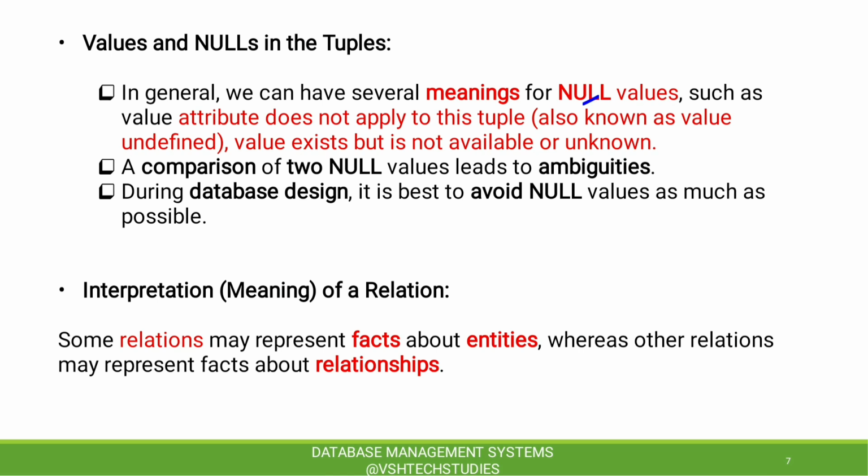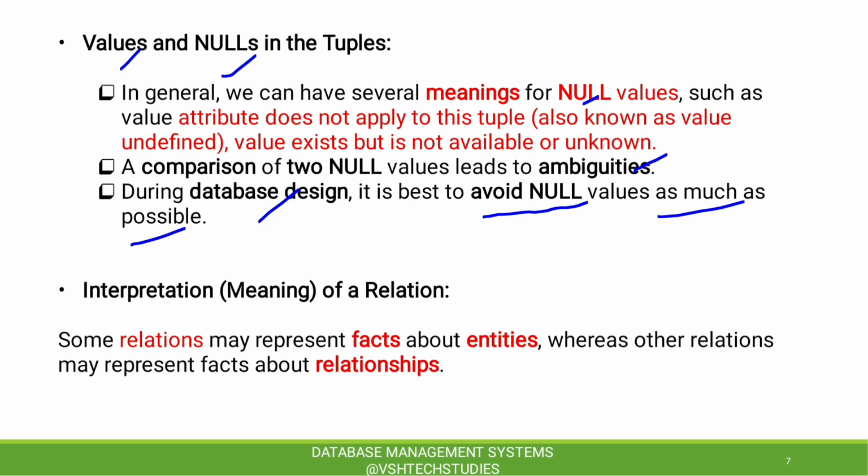So when you compare two tuples over an attribute, if null values are stored for that attribute in both tuples, then while we compare it leads to ambiguity. That is why during database design it is best to avoid null values as much as possible. And that is all about the third characteristic of relations, that is with respect to values and nulls.